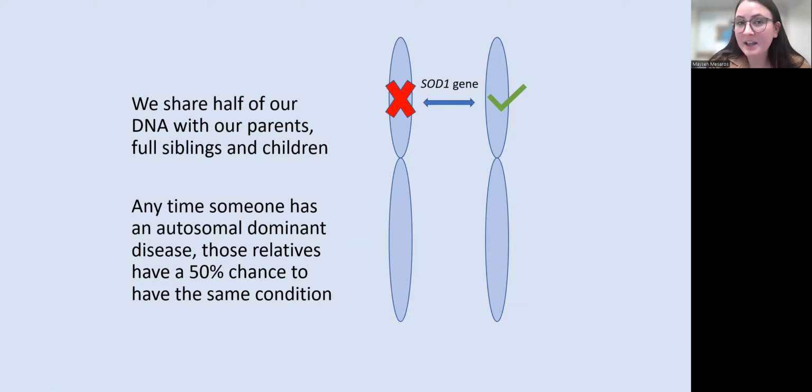And again, that might not guarantee ALS in their lifetime, but that is something where genetic testing can sometimes open this window for other people in the family to learn more about their risk if there's interest.